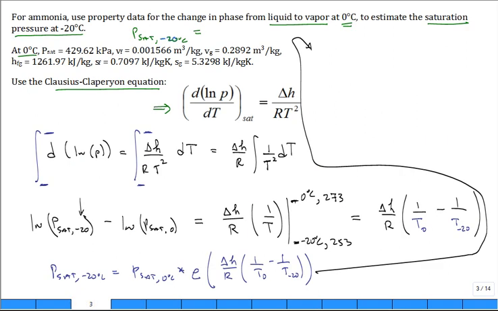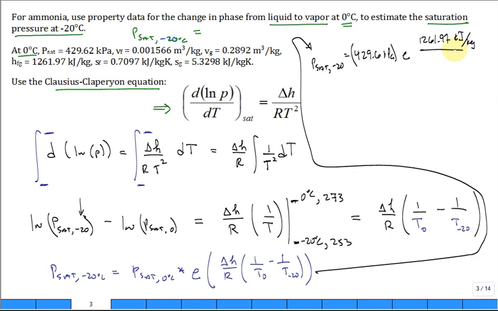So now if I substitute values, we'll have the Psat at -20 is equal to the saturation pressure at 0, 429.6 kilopascal, exponential, H FG was 1261.97 kilojoules per kilogram.